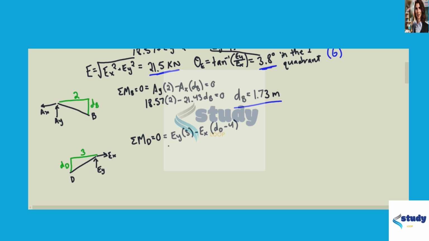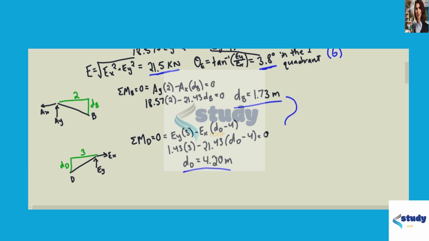So this will simplify to 1.43 times 3 minus EX, well, we know EX, EX equals 21.43 times DD, distance of D, minus 4, equal to 0. So we're going to go ahead and solve for distance of D. And this would total 4.20 meters. And this is your final answer for A.